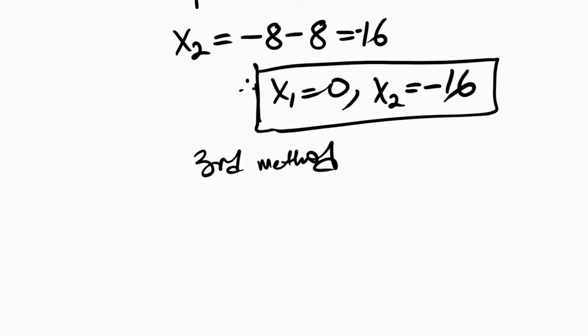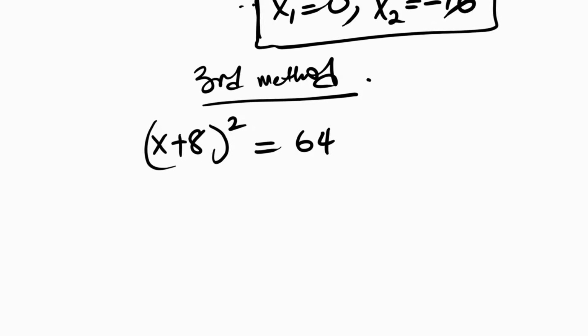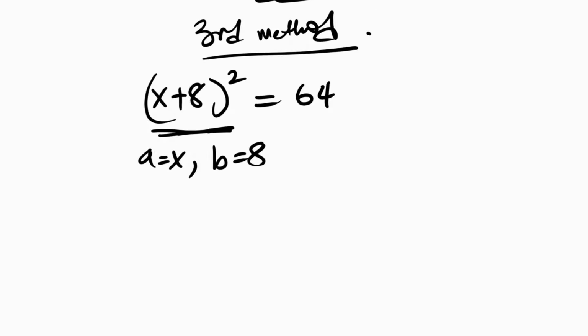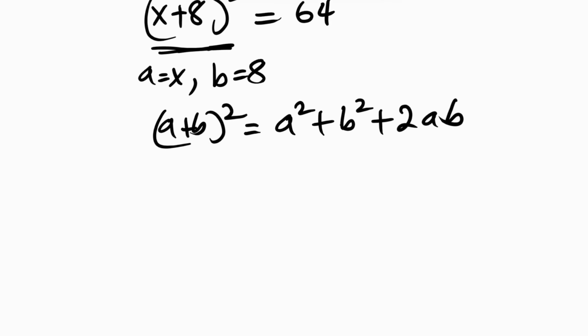Let's try this. We have (x + 8)² = 64. Let us open up this left-hand side. Our a is x, and let's assume our b is 8. So we have (a + b)², which is equal to a² + b² + 2ab.